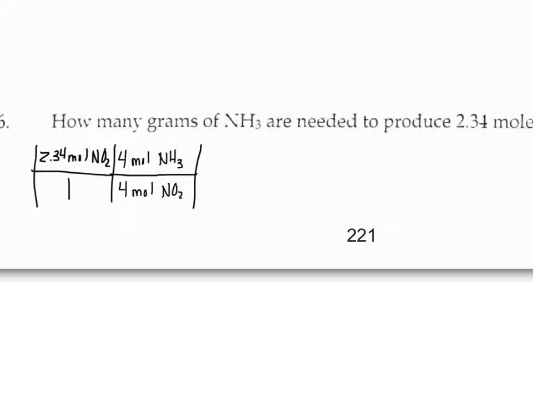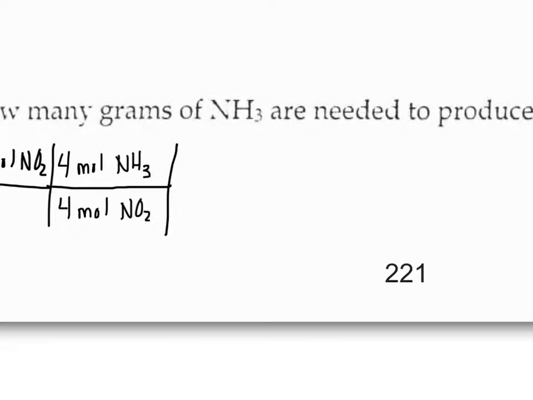So now we need to go one more step and take our moles of NH3 and convert it into grams of NH3. Now in order to convert from moles to grams, we need to do what? Multiply by molar mass. So 1 mole of NH3 is 17.04 grams.